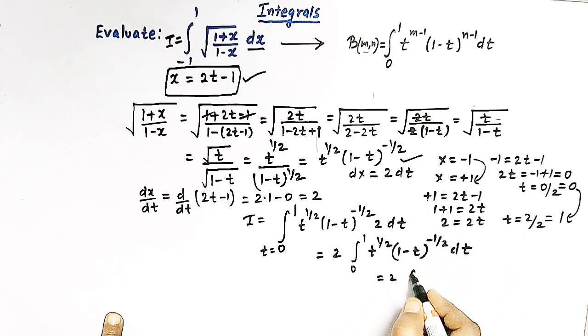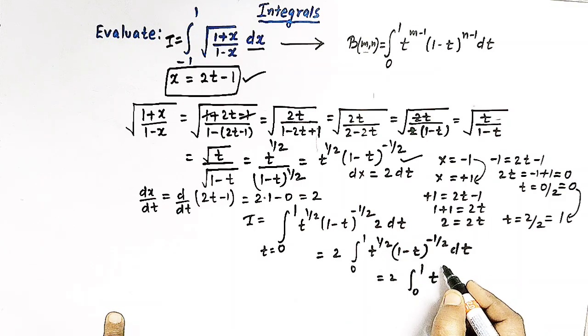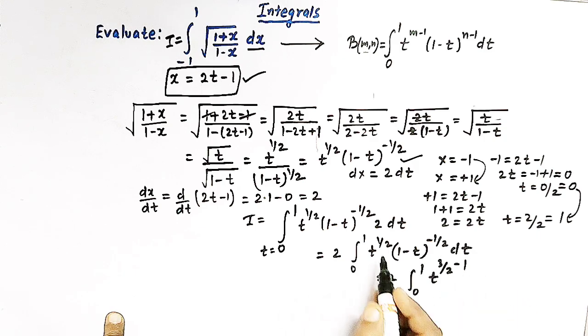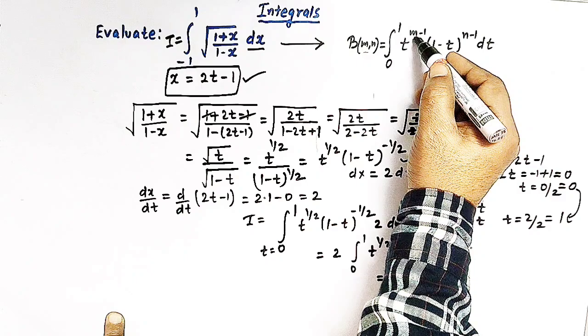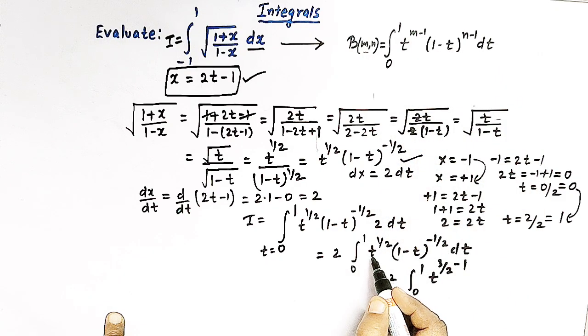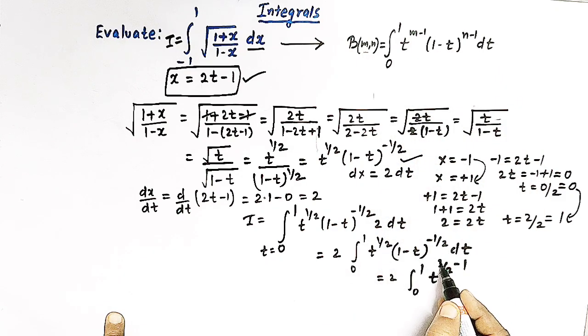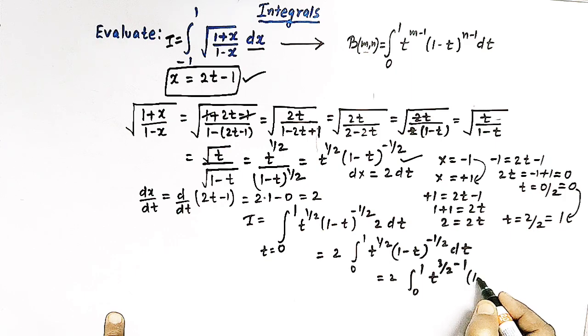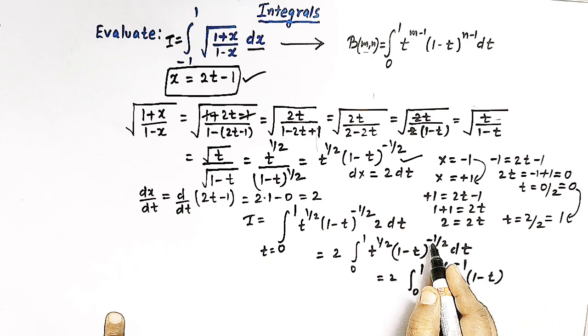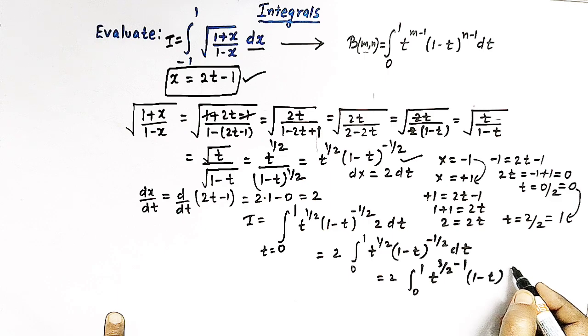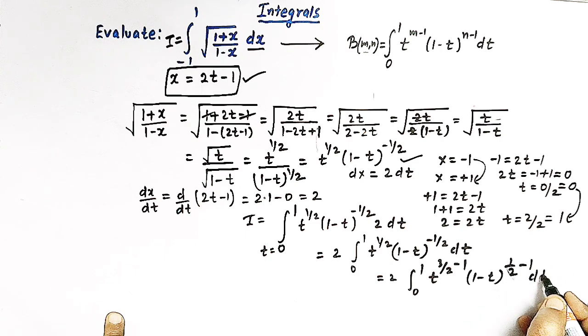So let us write this half as t raised to 3 by 2 minus 1, right? Because here we have t raised to m minus 1. So we can write t raised to half as t raised to 3 by 2 minus 1. And here we have 1 minus t raised to minus half. So this can be written as 1 minus t raised to half minus 1, and here we have dt.